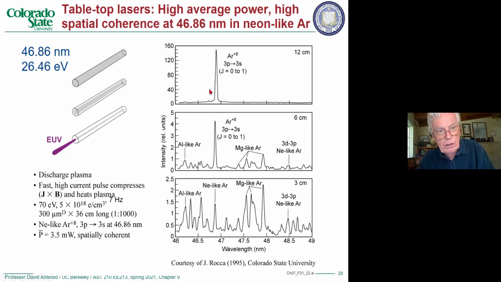And here's the average power, at a certain rep rate. So it's neon-like argon plus 8. It's got 10 electrons, neon-like. And it's a 3p to 3s transition at this wavelength, and it produces an average power, because it's a rep rate, of milliwatts. So this is quite interesting.